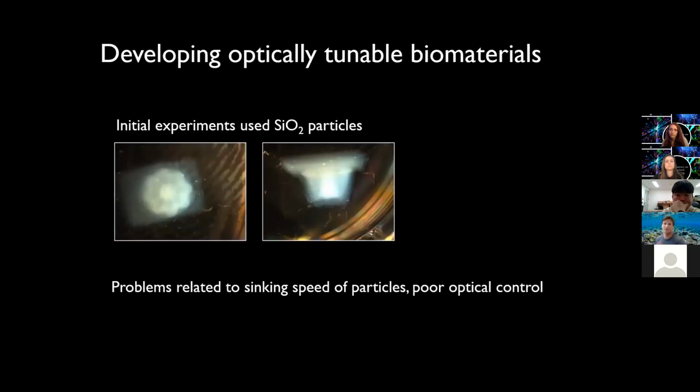So about tuning light scattering in these scaffolds, we started off using silicon dioxide particles, which kind of worked, but not really, because the problem was that the sinking speed was too fast. So we had poor optical control, and you had kind of a gradient during printing.